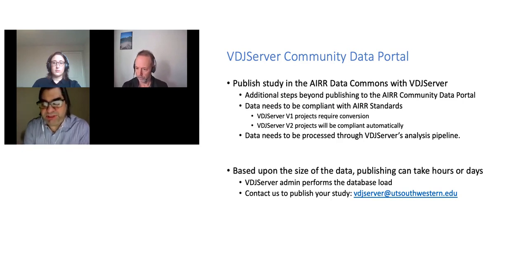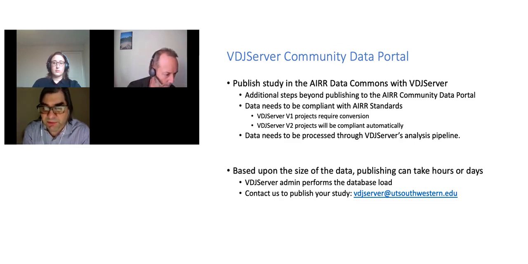Okay, so publishing your data is easy in VDJ Server. It's a little bit more complicated to actually publish a study in the AIRR Data Commons. There are some additional steps. Most importantly of these is that the data needs to be compliant with the AIRR standards. That means the metadata needs to be all in the AIRR repertoire format, and the rearrangements have to be in the AIRR TSV format.